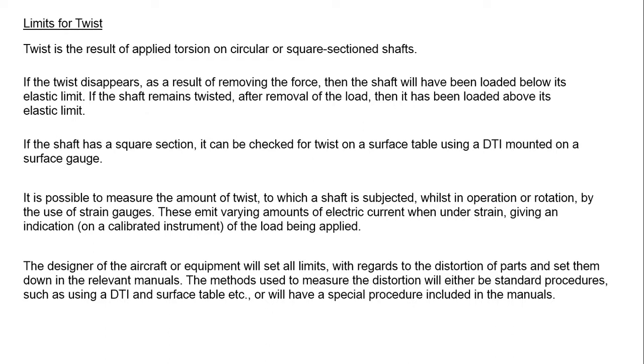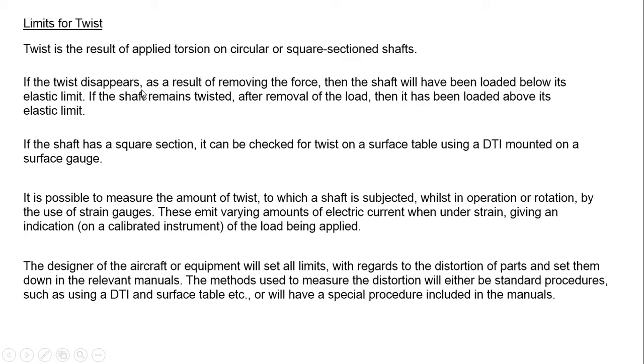Due to this, there is a chance of twist. But if the twist is under the elastic limit, then after removing the load the twist effect will disappear. But if it is beyond the elastic limit, the twist will remain there. So twist is a result of applied torsion on a circular or square sectional shaft.